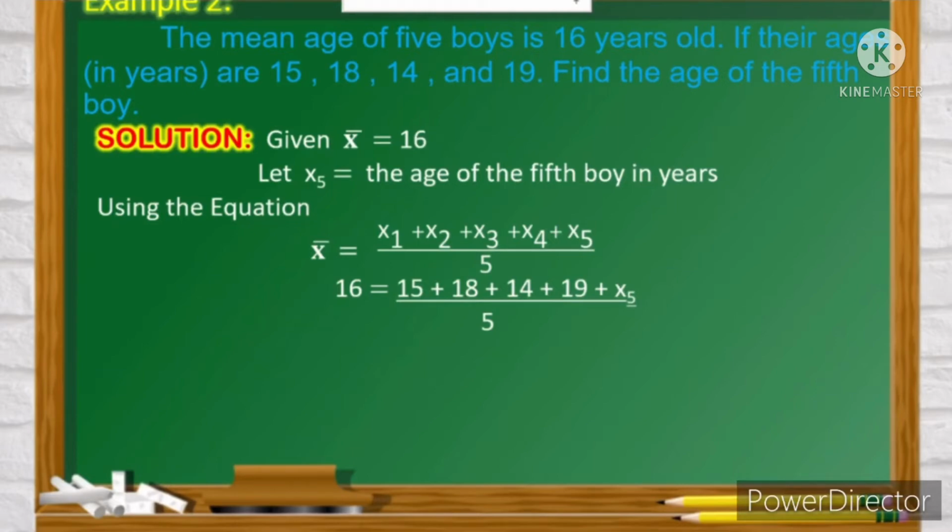By using the multiplication property of equality, we will get 16 multiplied by 5 is equal to 66 plus x sub 5. Next step is by addition property of equality, we will get 16 multiplied by 5 is equal to 80 is equal to 66 plus x sub 5.